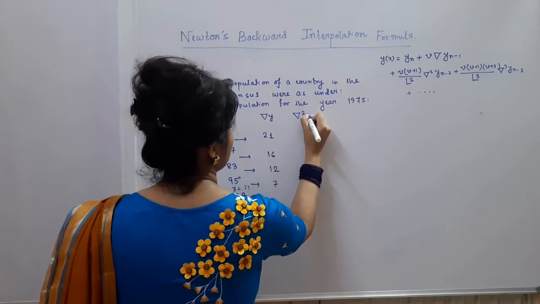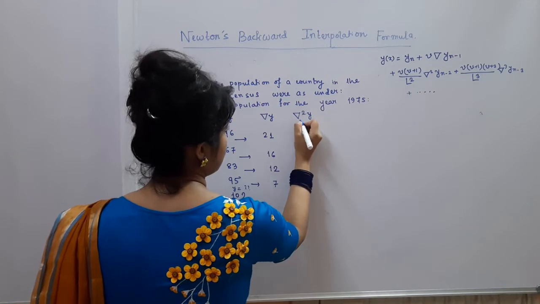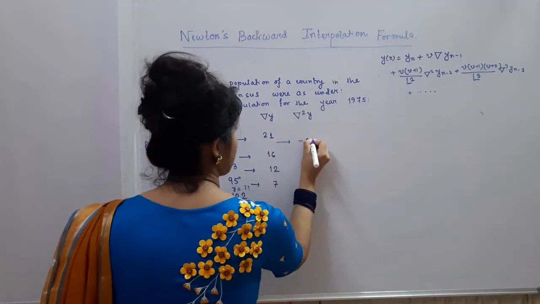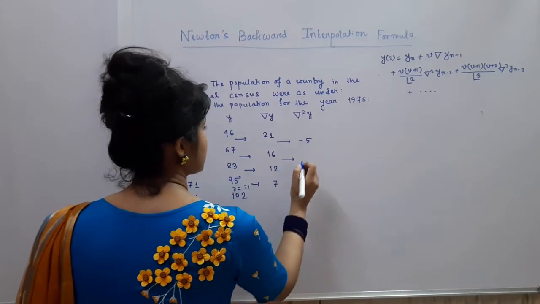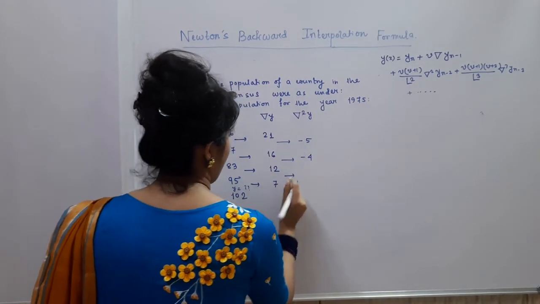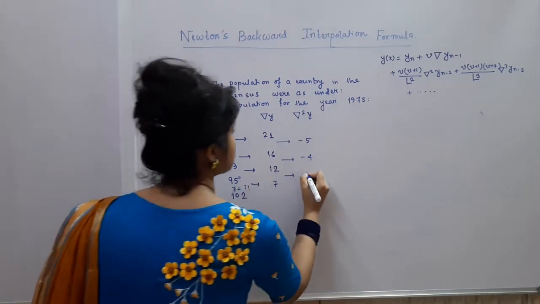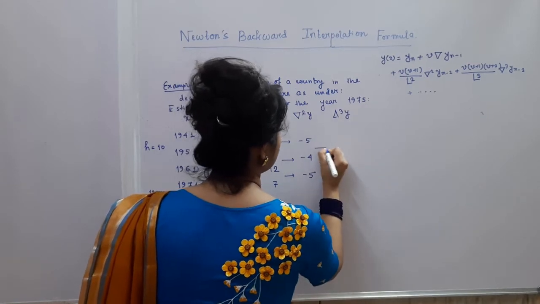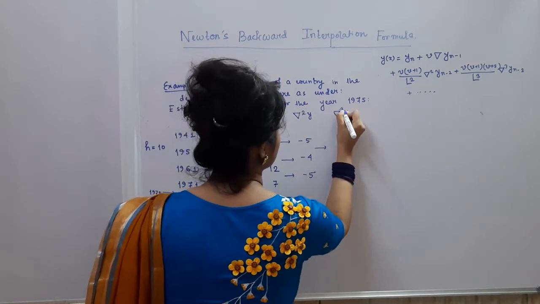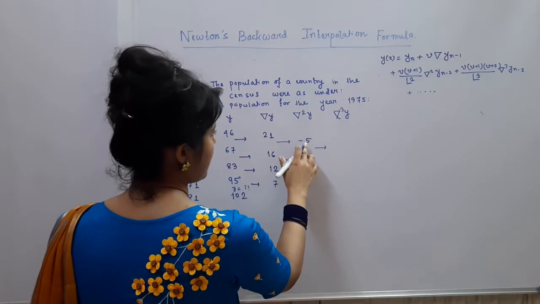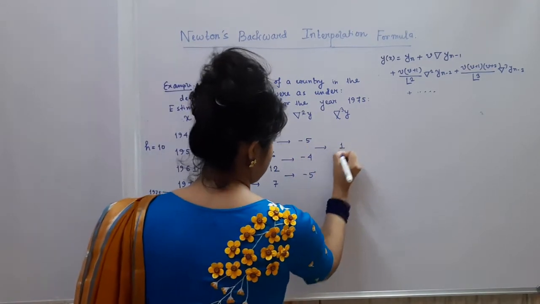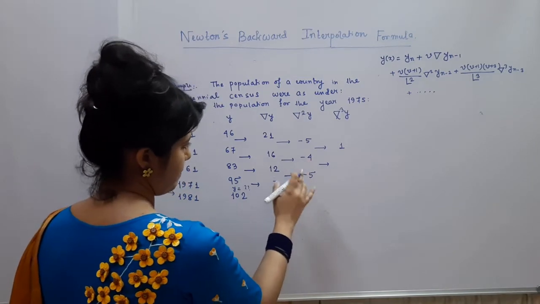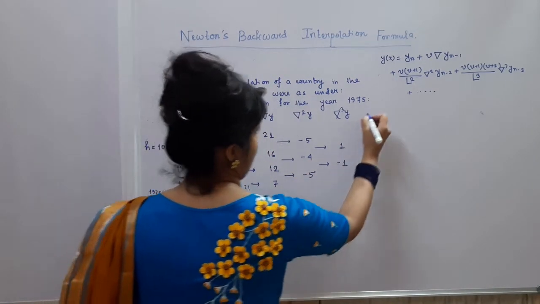Similarly I need the delta square y: 16 minus 21 is minus 5, 12 minus 16 is minus 4, and 7 minus 12 is minus 5. Similarly delta cube y: minus 4 minus minus 5 is plus 1, and minus 5 minus minus 4, that means minus 5 plus 4, is minus 1.